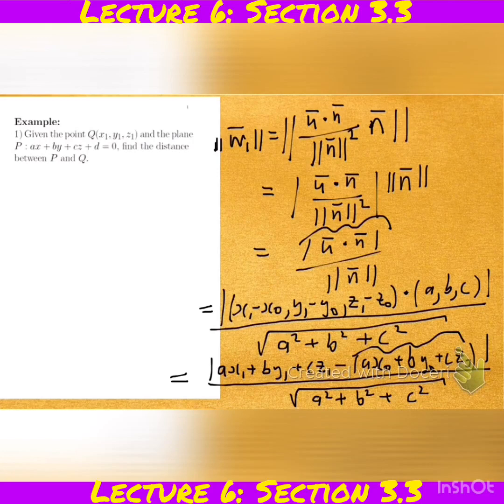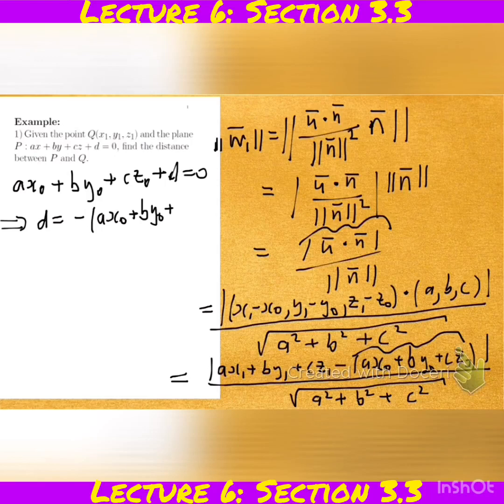Now if we go back to our plane equation, if I make x0, y0 and z0, we can easily solve for d as negative that whole equation.